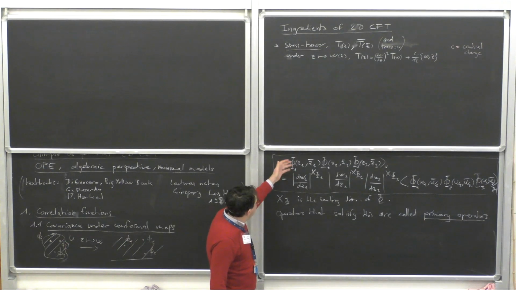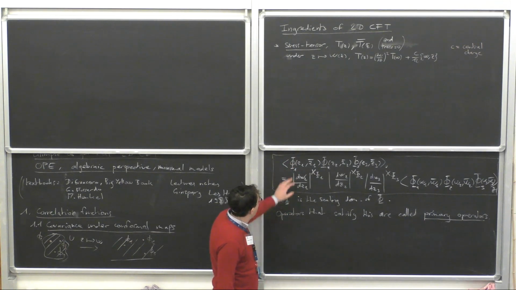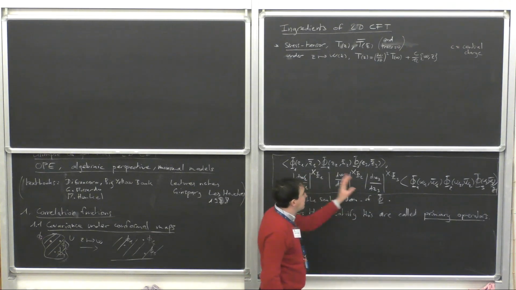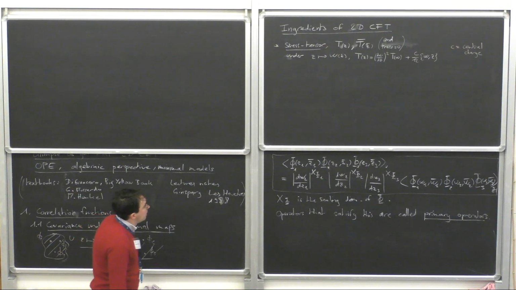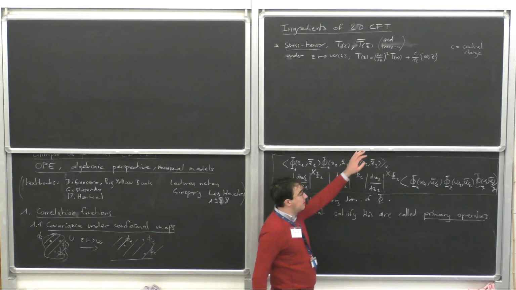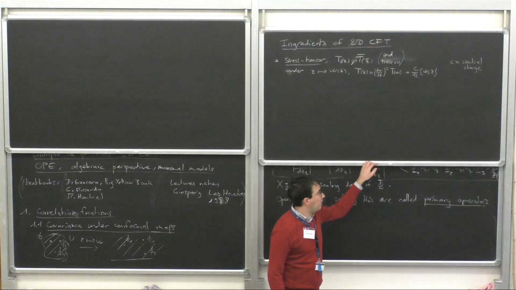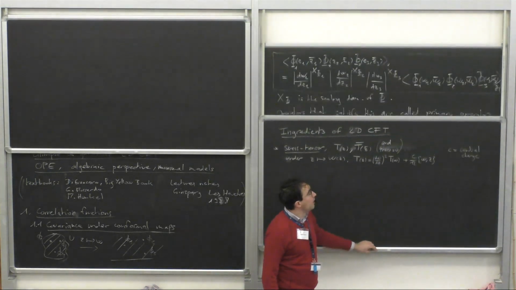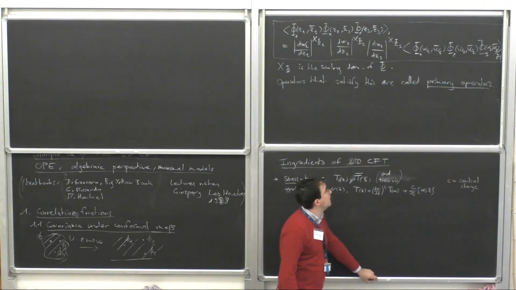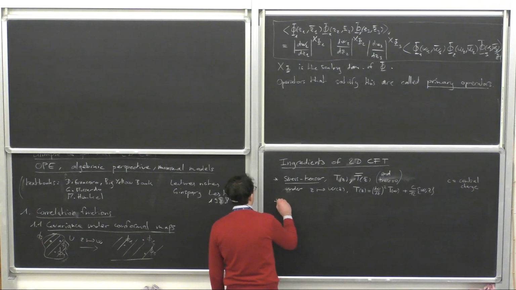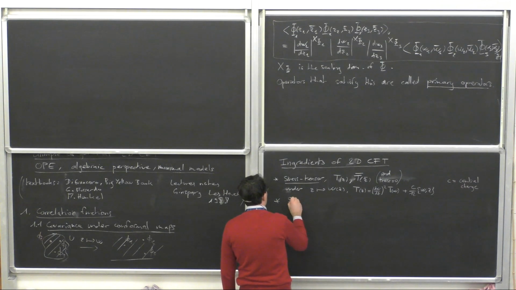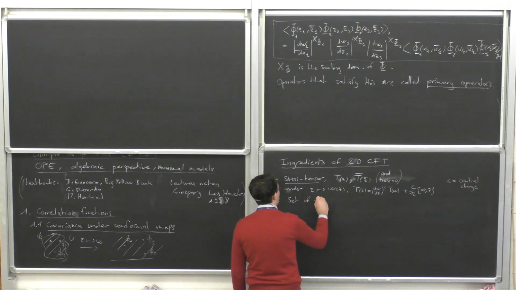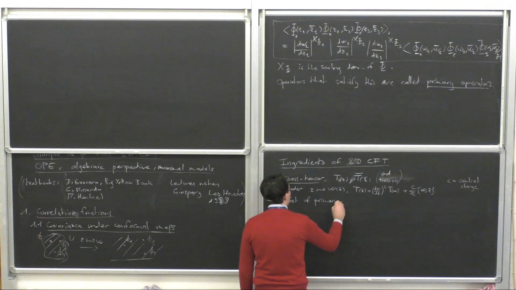Obviously, if you take derivatives of this field, the derivative will act on the Jacobian, and then they will spoil this nice relation. So there's a certain set of operators in the theory that transform nicely, and these are the primary operators, and that's the second most important ingredient. It's the set of primary operators.